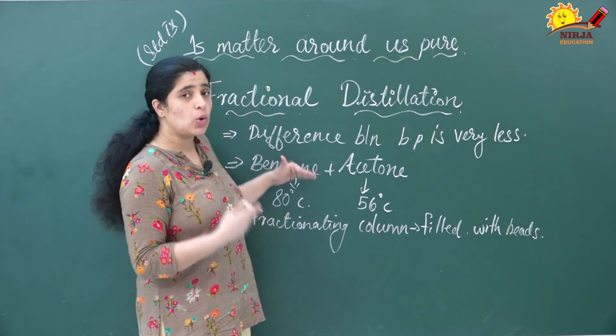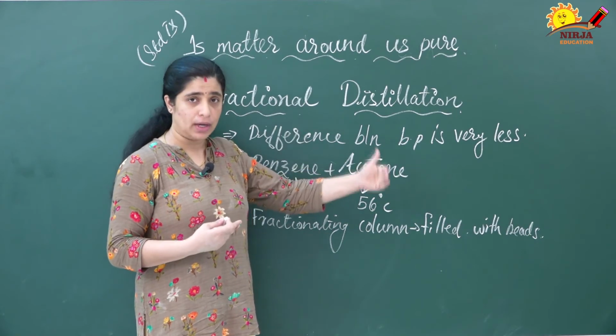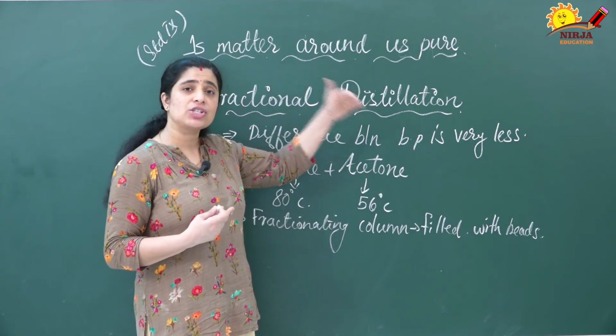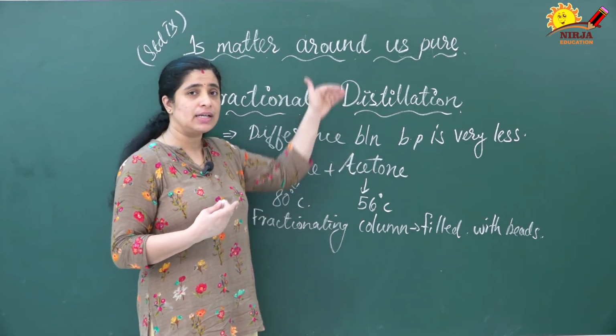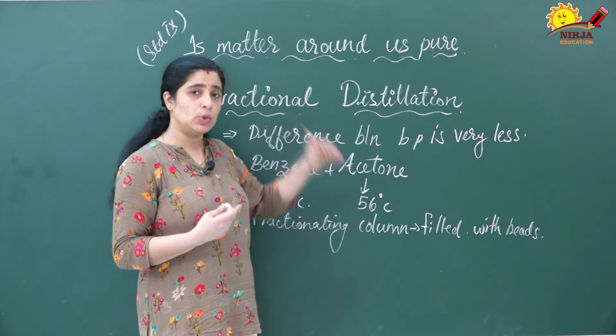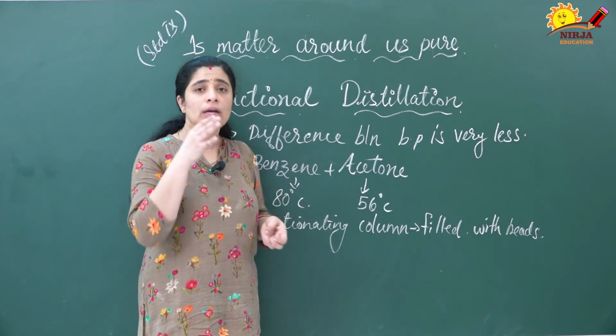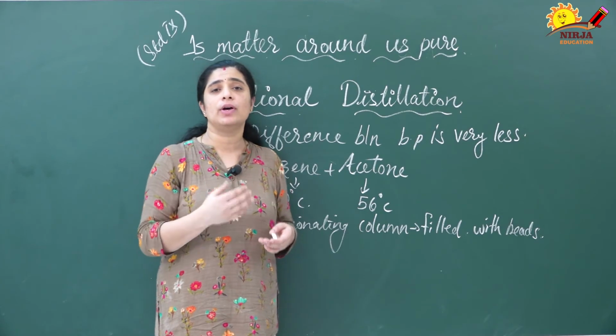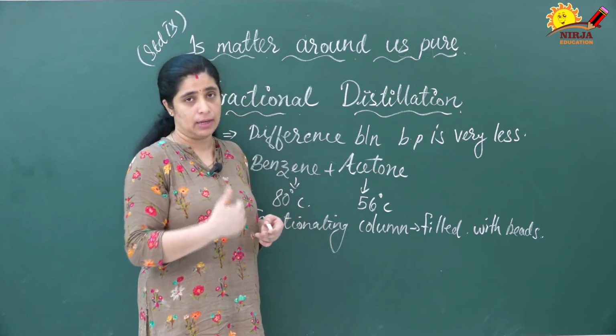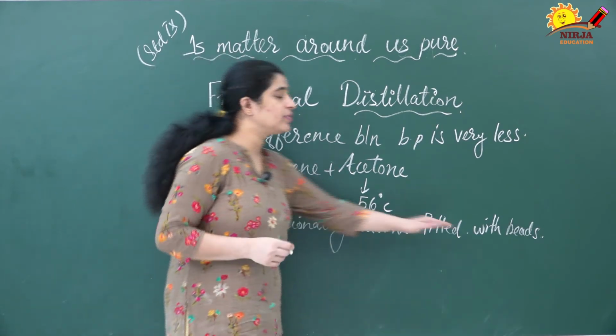Suppose the benzene also starts to evaporate, then it will go to the fractionating column first, and there the condensation of this vapor will occur repeatedly. That is actually the function of these glass beads.